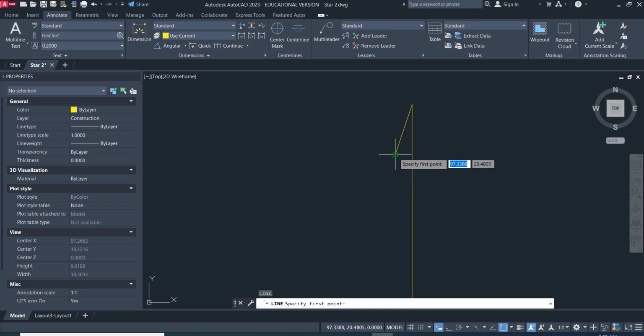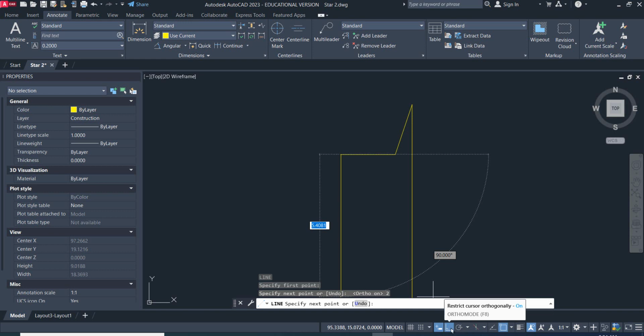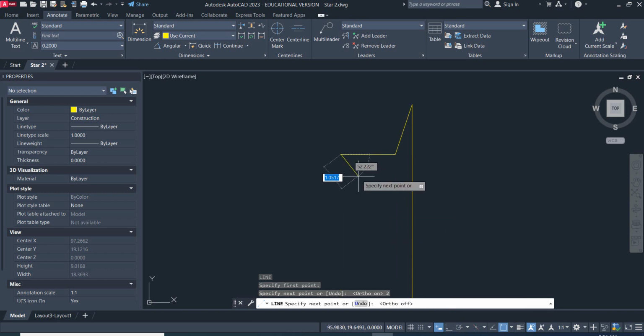Now I start my line command again from here. This one you could drag out. You could turn on ortho mode, and I could drag out and just tell it 2 units long at 180 degrees. Now I want to turn ortho mode back off. And this one, I have to go back to my keyboard.